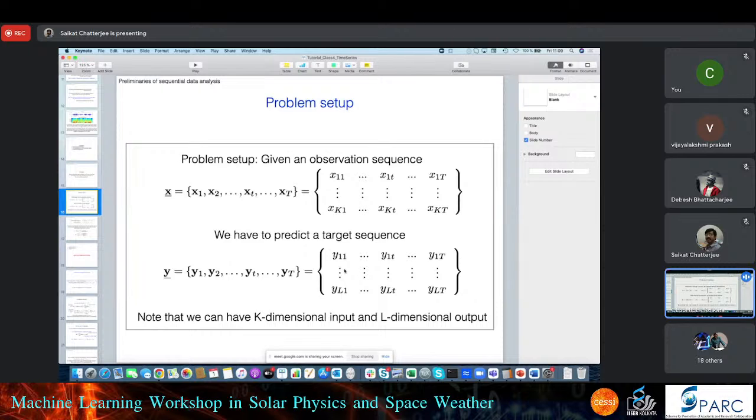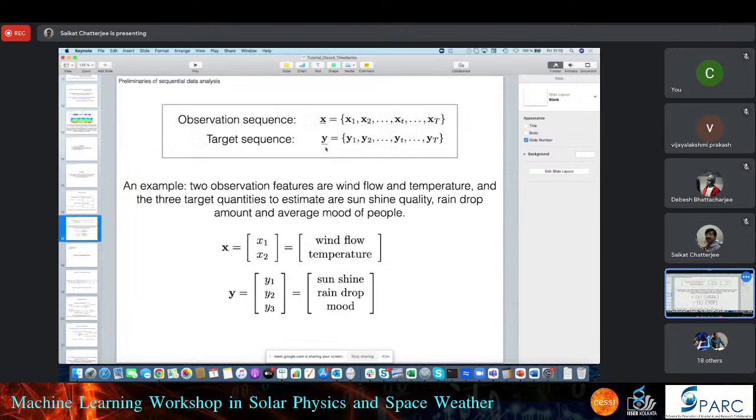So without loss of generality, you assume that x bar is a multivariate input and y bar is the multivariate output, what I want to get from the system. So we have k dimensional input and l dimensional output. Okay, so this is your observation sequence and this is your target sequence. And here I have given you some ideas of what can be the values of x.